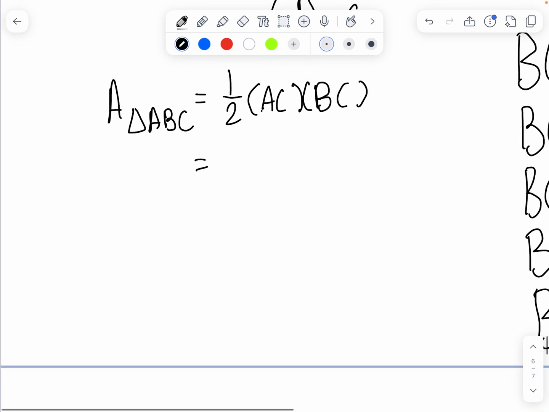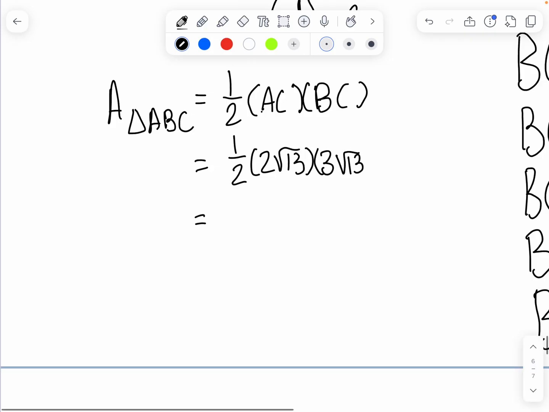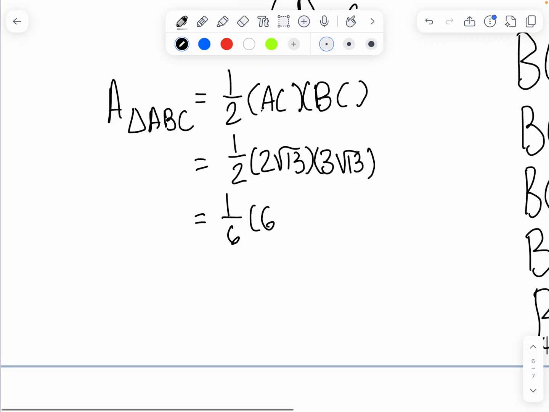So that equals 1/2 times 2 root 13 times 3 root 13. And that equals 1/2 times 6 times 13, which equals 39 centimeters squared.